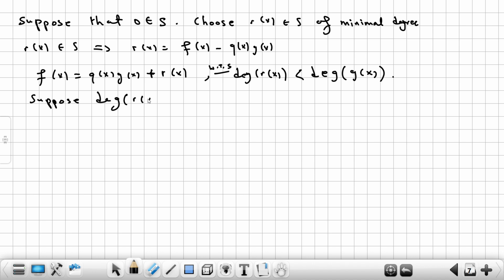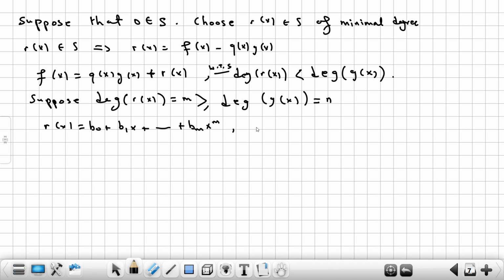Suppose the degree of r of x equal to m, greater than or equal to the degree of g of x, which is n. And you may write r of x equal to b0 plus b1x plus till bmx power m. Of course, bm is not equal to 0.